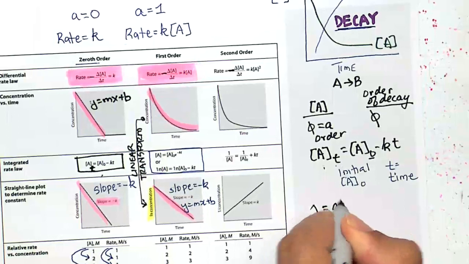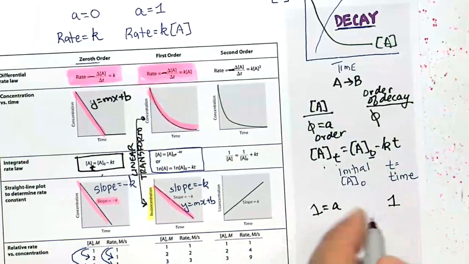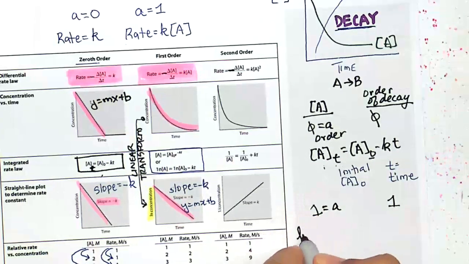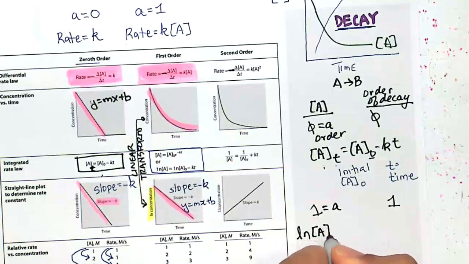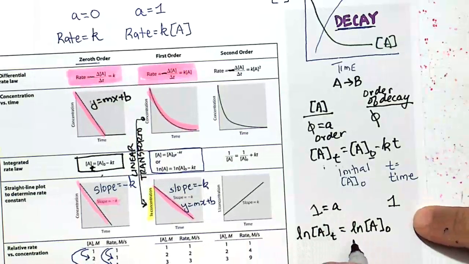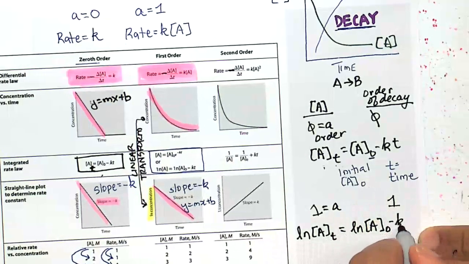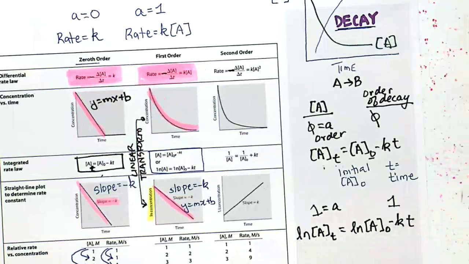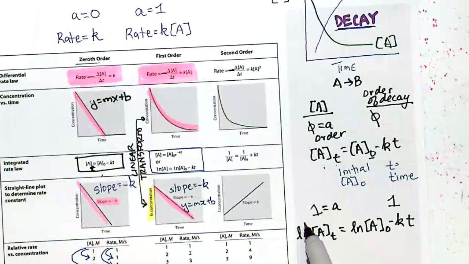So if our exponent is equal to 1, this is first-order decay, and the decay is going to follow this equation. A naught is the initial concentration, minus kt. Bring this to the test.